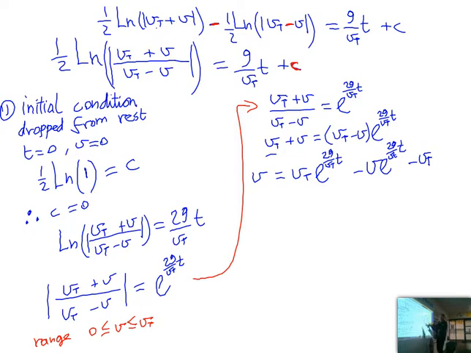Now let's bring our velocity terms together. I've got this one and this one over here on the left hand side, and I'm going to bring them both together, so I have to add the term to the other side.